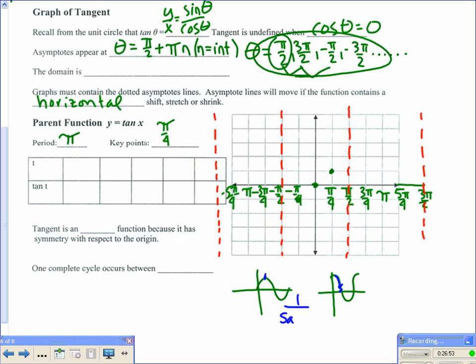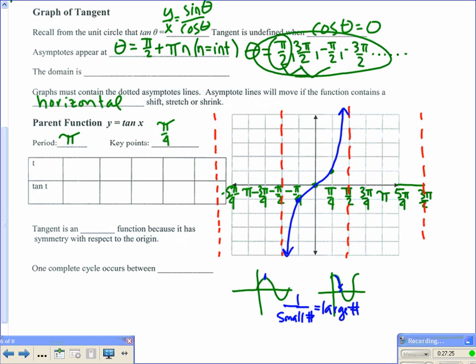So 1 over a small number is equal to a large number. That means my graph is going to go up this way. Remember, we don't touch our vertical asymptotes or cross over them. If I go the opposite way, I would have 1 over a very small negative number, which means I have a very large negative number. So my graph is going to go this way. So this is my tangent graph.